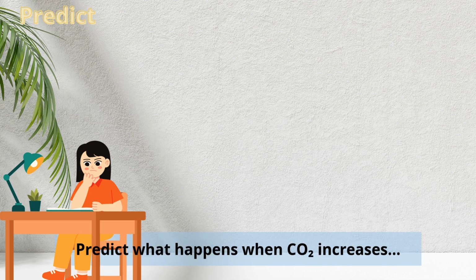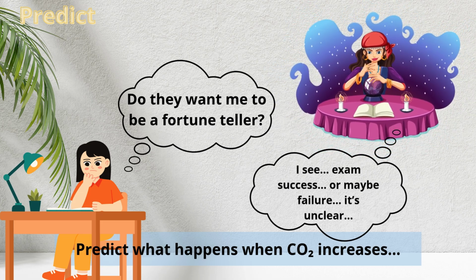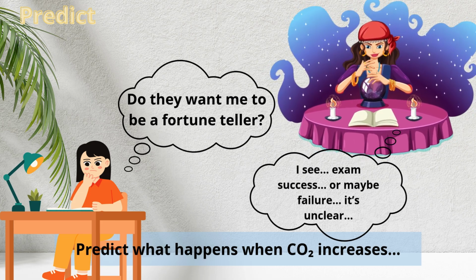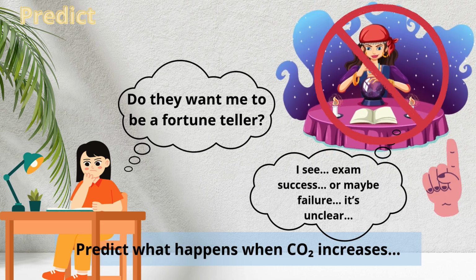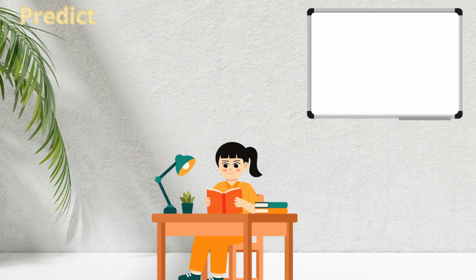Predict. Imagine that you are asked to predict what happens when the concentration of CO2 increases. You might think, time to grab a crystal ball and summon the future, right? Nope, that's not what predict means in science. In science, to predict means to make a smart, logical guess based on what you already know.